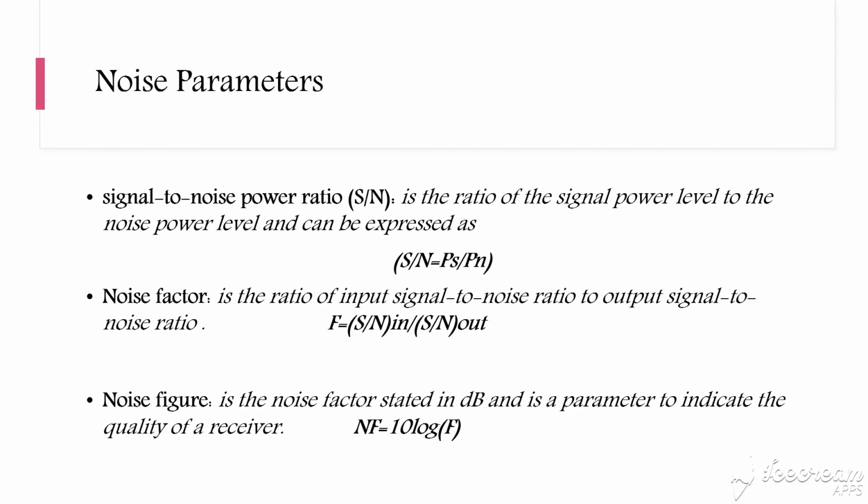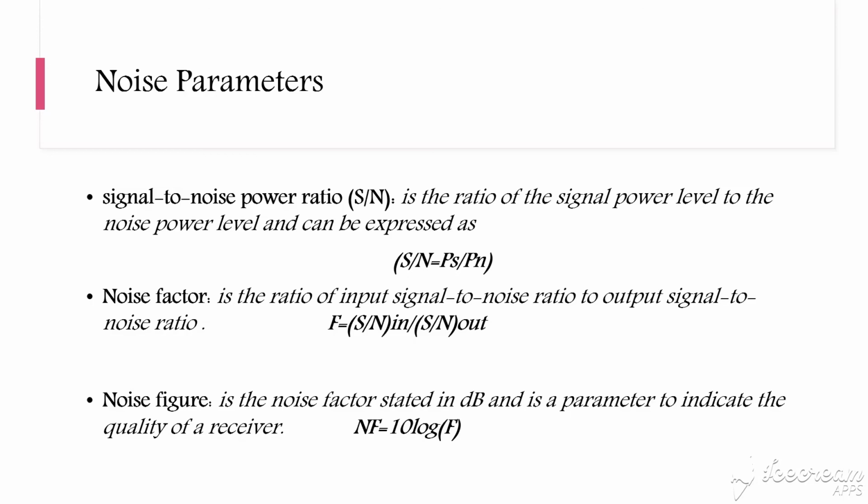And the noise factor is the ratio of the input signal to noise ratio to the output signal to noise ratio, which can be expressed as F equal to signal to noise input over signal to noise output.